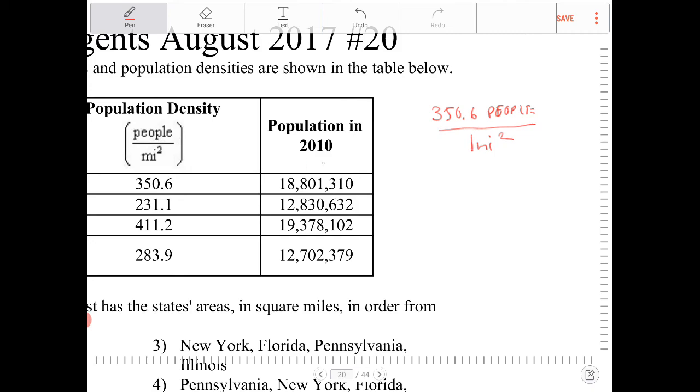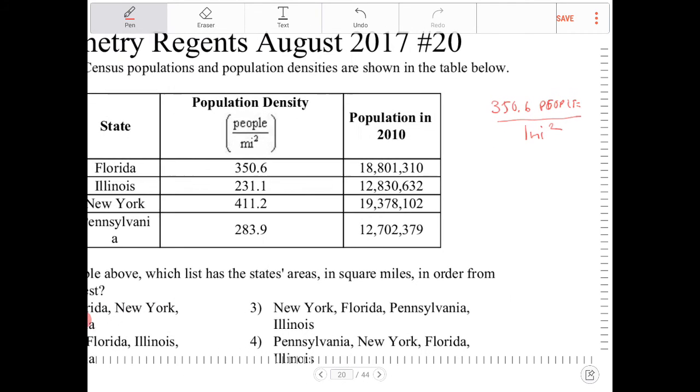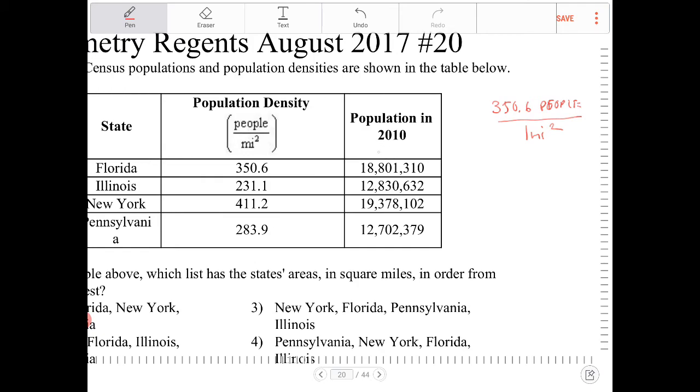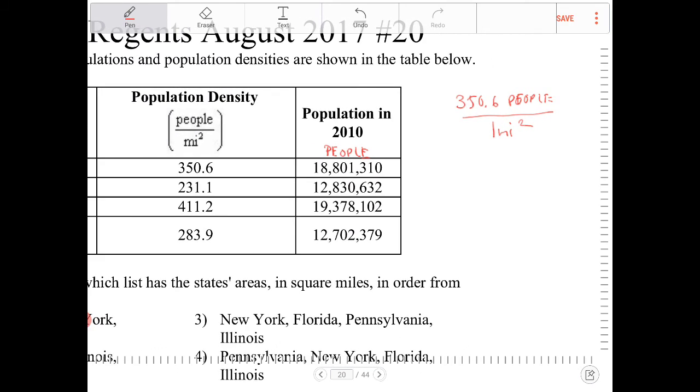And the units in the furthest right column are measured in people, right? So using these two units, people per 1 mile squared and people, we want to somehow end up with units of square miles.